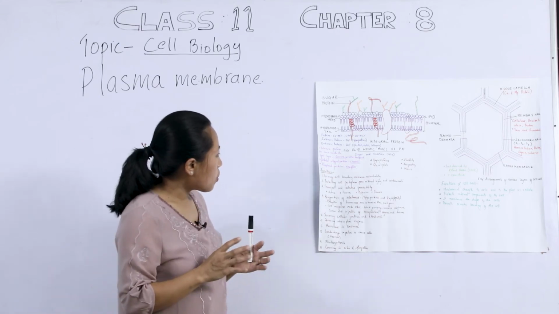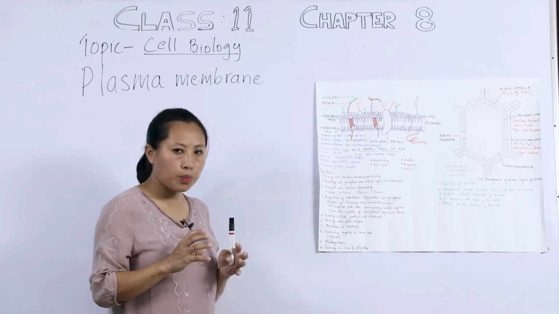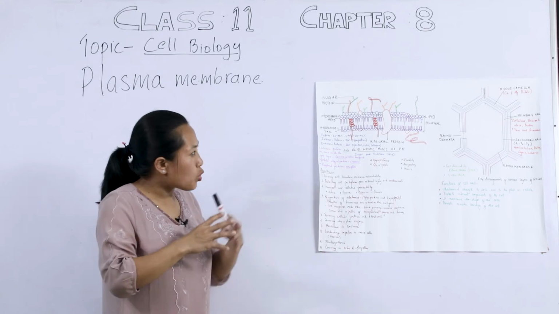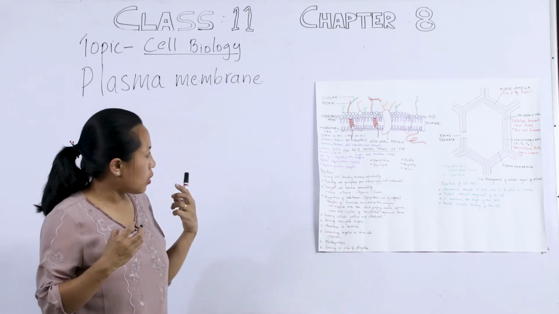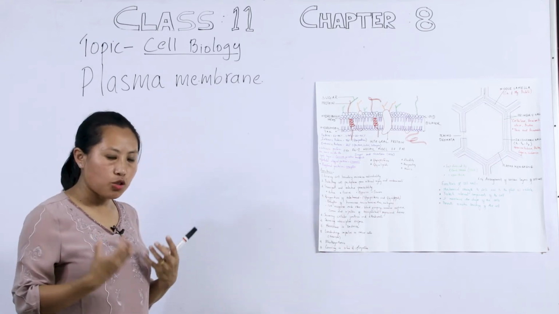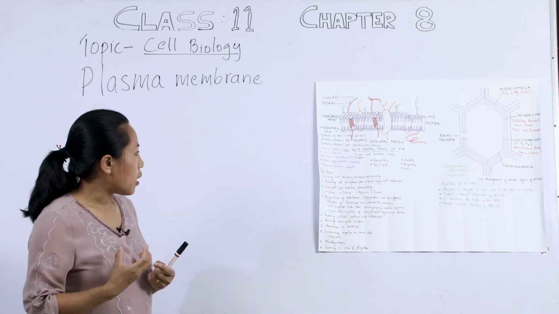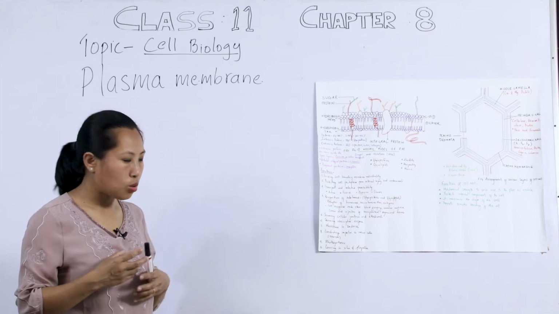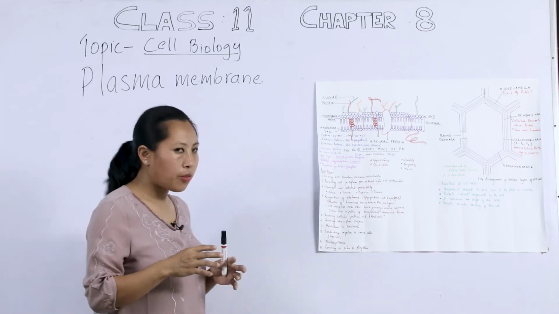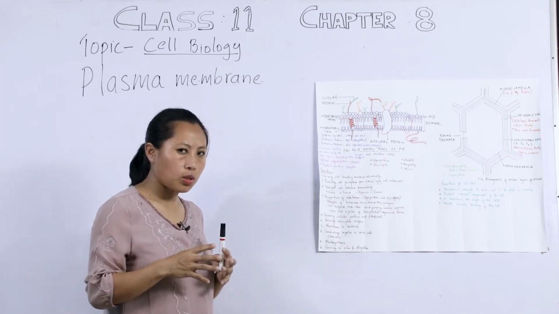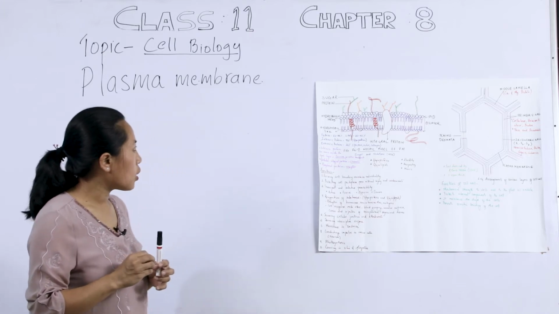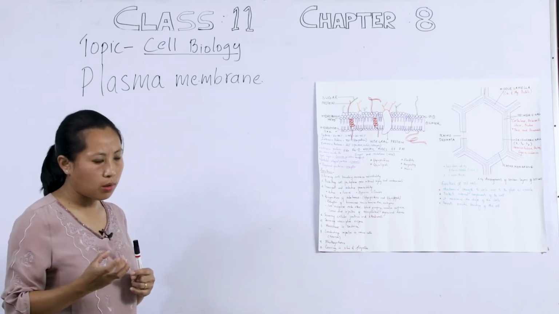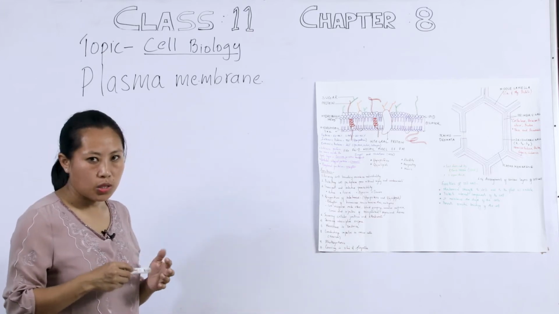Some globular proteins, which project even outside the lipid layers, have channels through which soluble substances can pass. And there are some peripheral proteins associated with sugar molecules or oligosaccharides, which act as receptors.